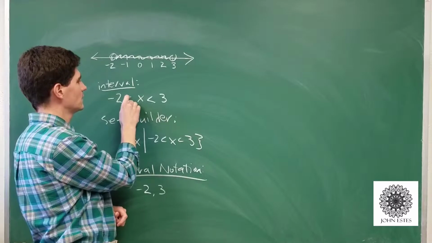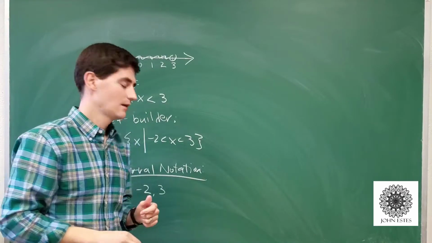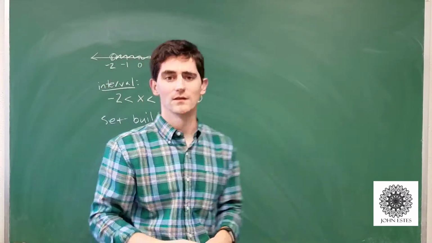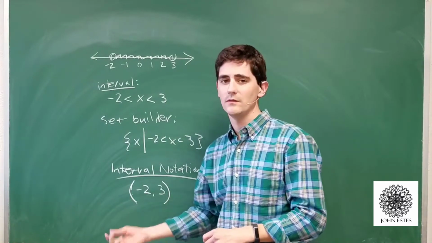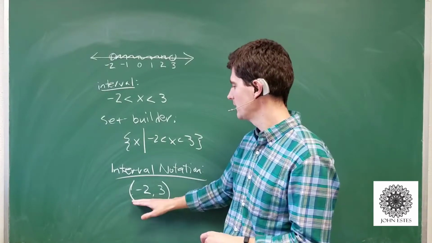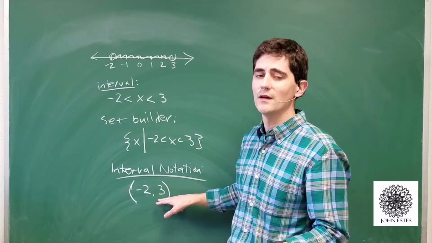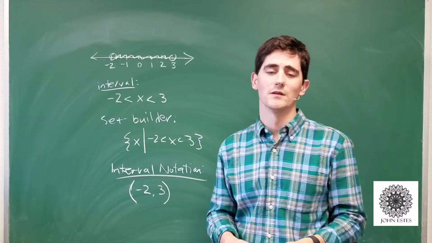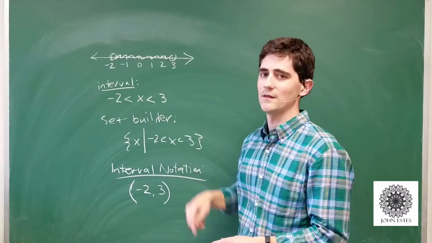In my inequalities, they're strictly less than, there's no greater than or equal. Because of that, I'm going to use parentheses. What this means is that anything larger than -2, even if it's really close, like -1.999, is included in here, and anything going up to 3, like 2.99999, for example, is in here, but -2 and 3 themselves are not included. That's because we said strictly greater than -2 and strictly less than 3.